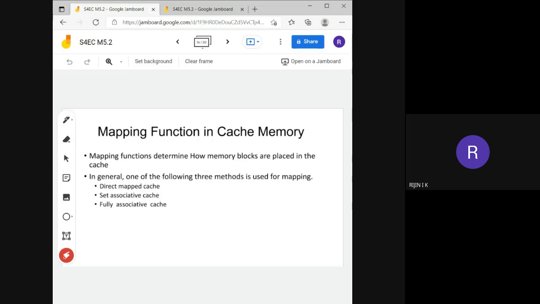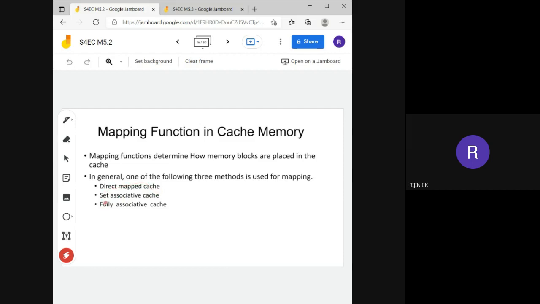In general, there are three different methods for performing these mapping functions. One is direct mapping, the next one is set associative mapping, and the last one is fully associative mapping. The cache memory that uses the direct mapping technique, we can call a direct mapped cache.